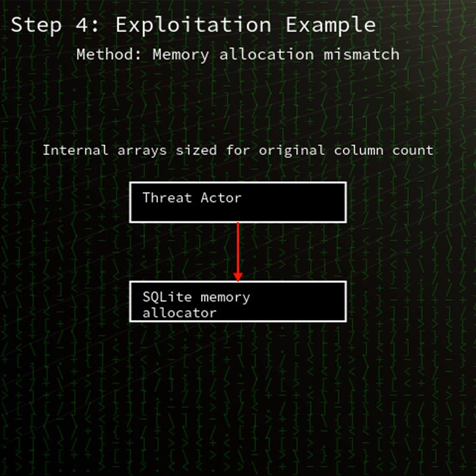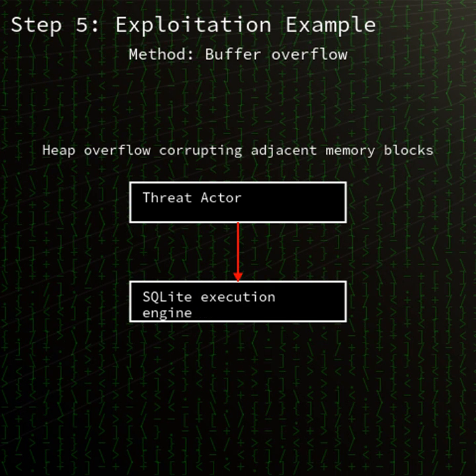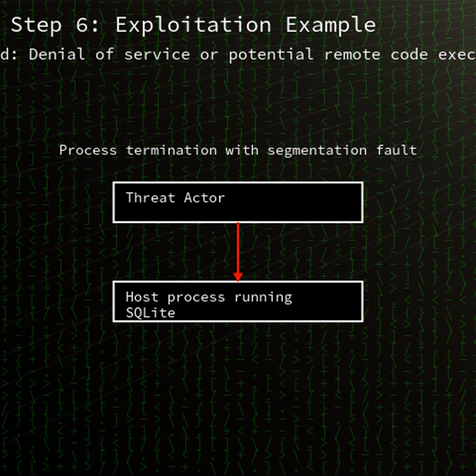This issue is classified as CWE-197, numeric truncation error. A mismatch between the count of SQL aggregate functions and the defined result columns allows an attacker to overwrite adjacent memory, leading to potential crashes or arbitrary code execution. In SQLite versions before 3.50.2, the internal check that ensures the number of aggregate expressions matches the result column count is flawed.